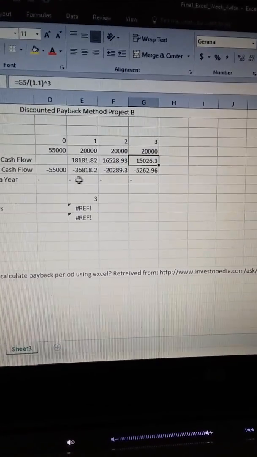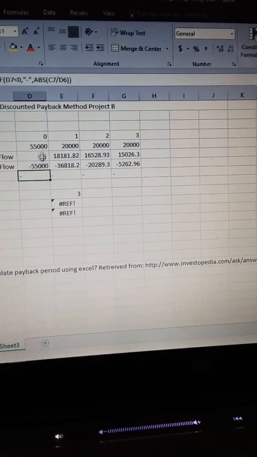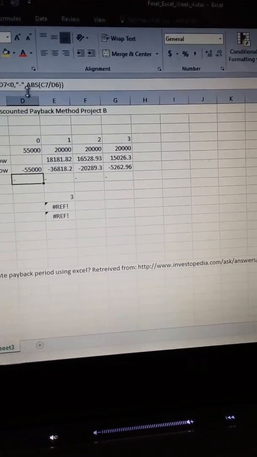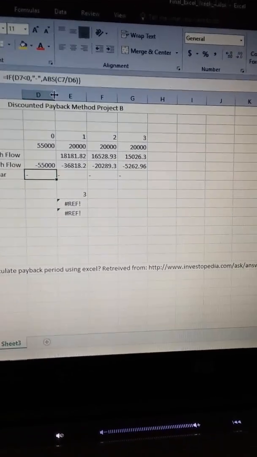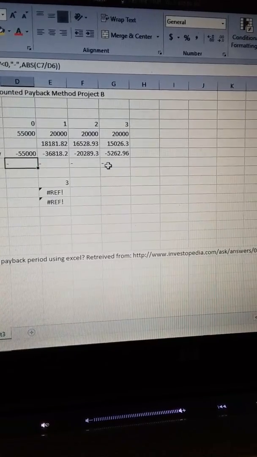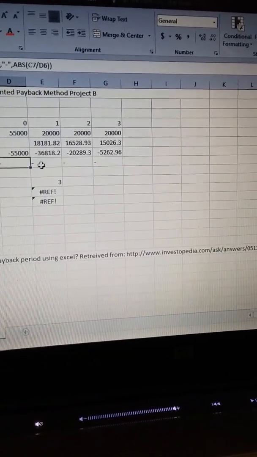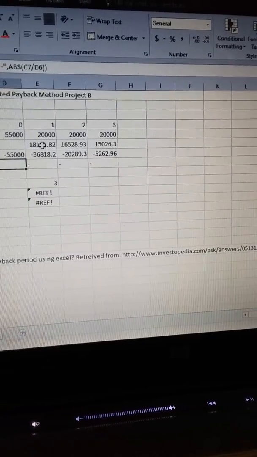The fraction of the year column here shows you, because it says, remember, do not return a value if it's less than 0. So that's why you have these, which means in this particular case as well, you would never have it being paid back.